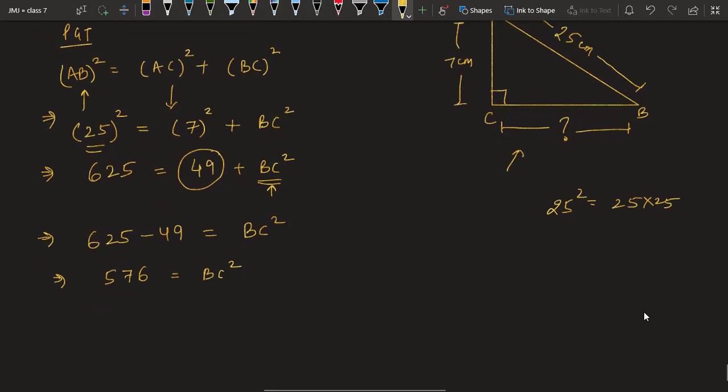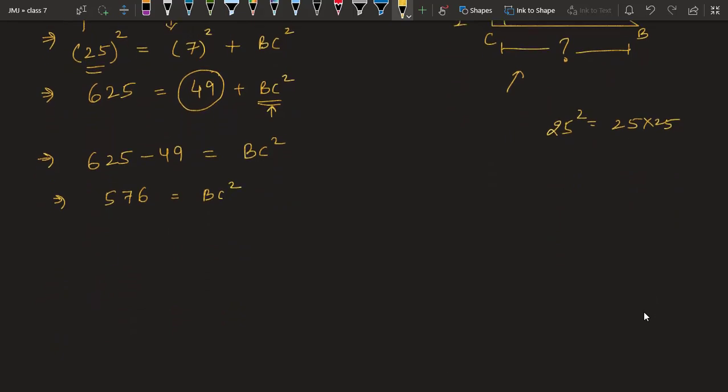Again, we don't want BC square, we want the length of BC only. So we have to take this power 2 to the left hand side. So while transposing the power, we know it will come in fraction like this is equal to BC.